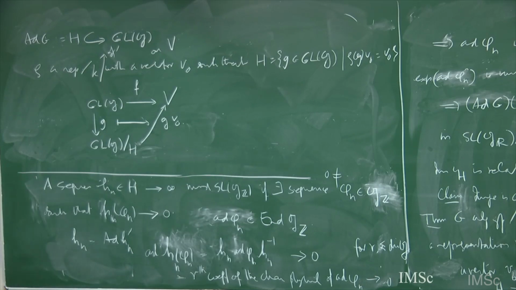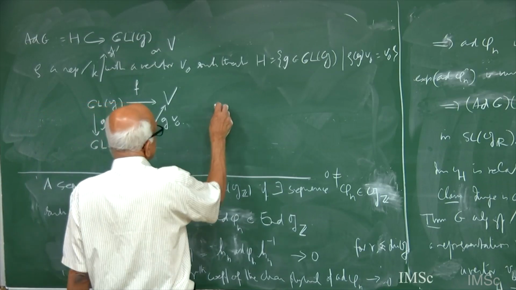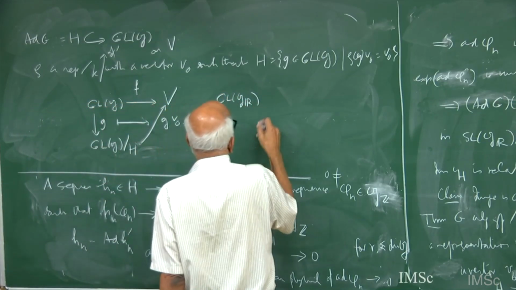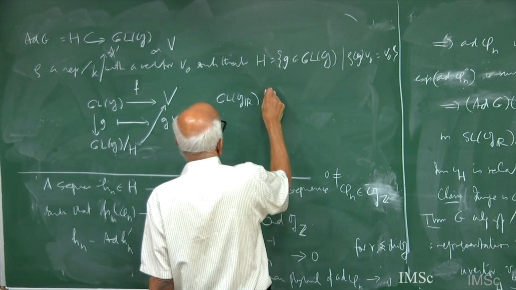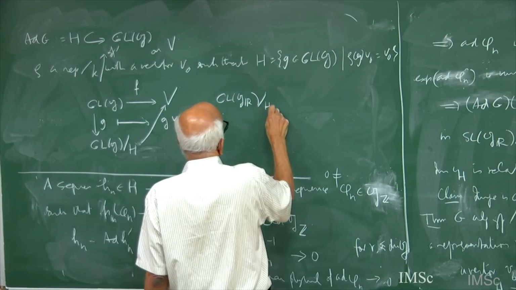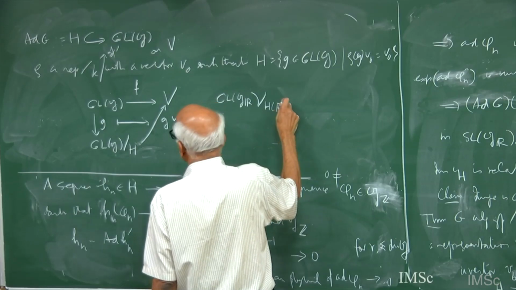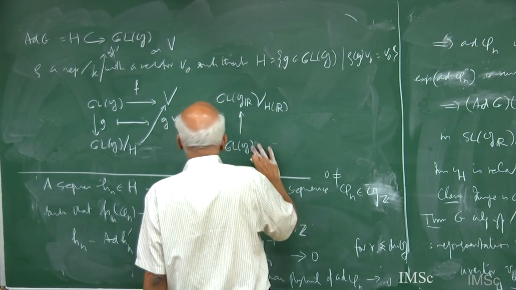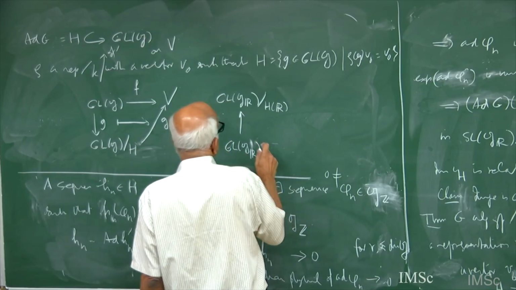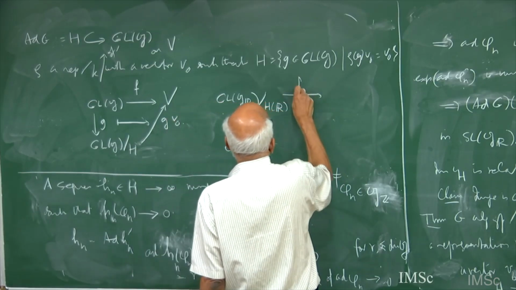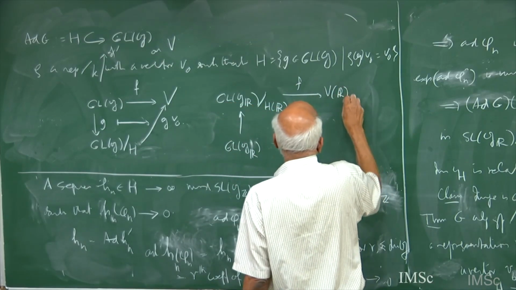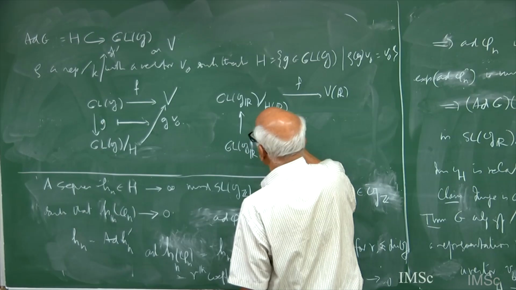Now, of course, we have GL_n(R), the real points, by H(R), into V(R). I am looking at the orbit map g to g v naught.